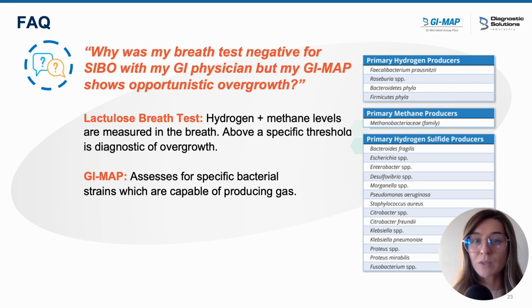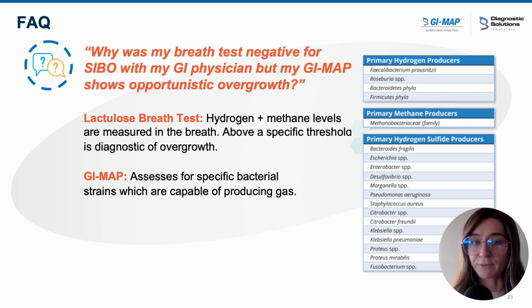The only way to diagnose SIBO is to identify off-gassing of a specific gas above a specific threshold. So for example, a lactulose breath test is going to identify hydrogen and methane levels in the breath, and if it is above a specific threshold, then an individual is labeled with SIBO.